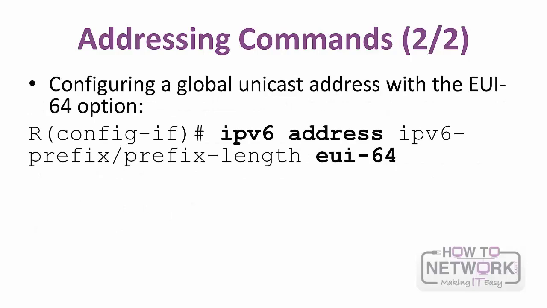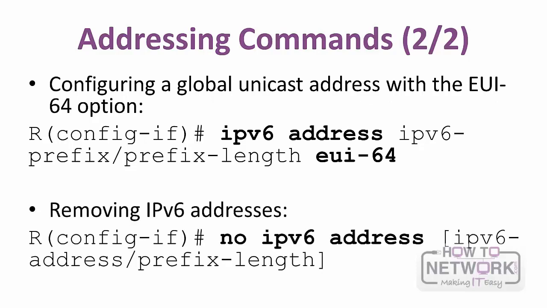This is the interface command to configure a global unicast address using the EUI64 format. This is the interface command to delete all IPv6 addresses from an interface, including the global unicast and link local addresses, unless the IPv6 enable command has been configured.